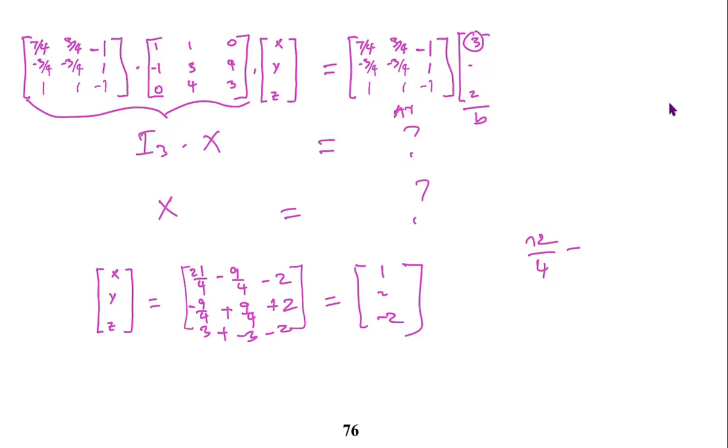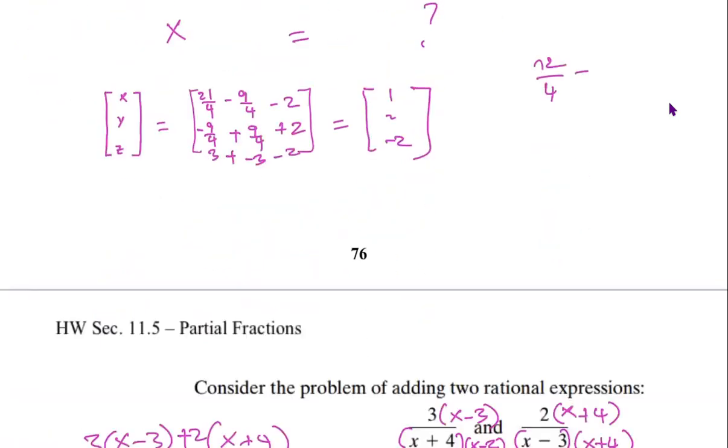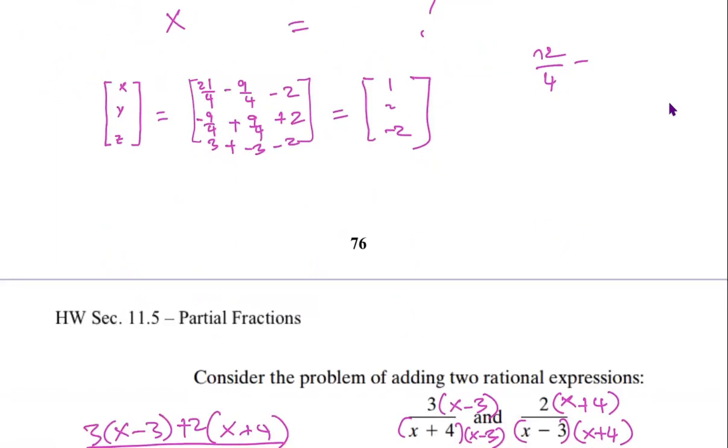So now let's perform the operations. We get 21 minus 9 over 4, that's 12 over 4 minus 2, 3 minus 2 equals 1.